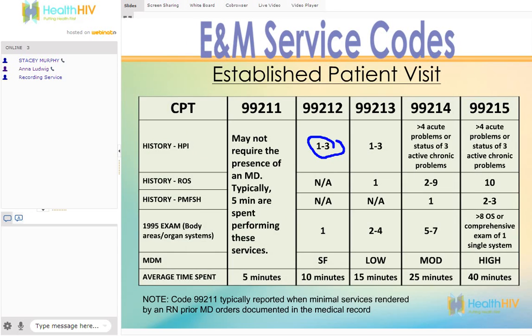Here, this one describes a 1995 body area or organ system exam. If you're using 97, then you would utilize a set of guidelines. But for your specialty, for the most part, if you're primary care or internal medicine or general medicine, you would be using the 95 guidelines unless, of course, your facility or your doctor's office decides to use 97. So the slides reflect the 95 guidelines.